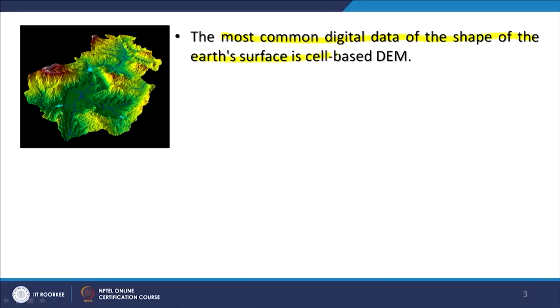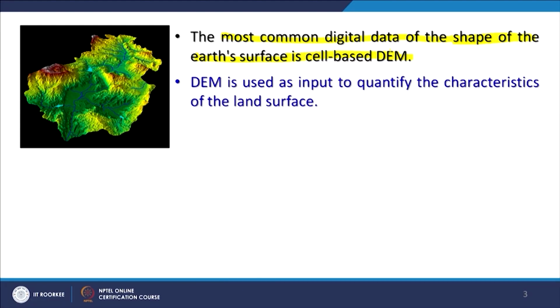When we say DEM, this is the most common digital data of the shape of the earth's surface, and the important form is the cell-based DEM or raster data. DEM is used as input to quantify the characteristics of the land surface. What are those characteristics?